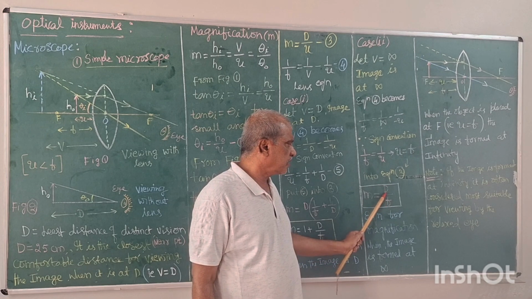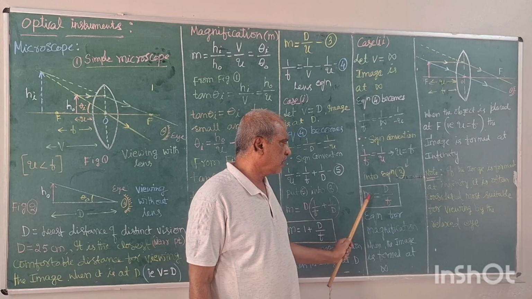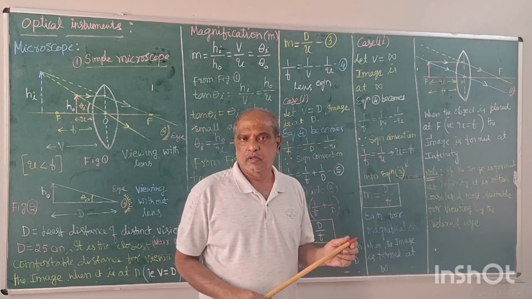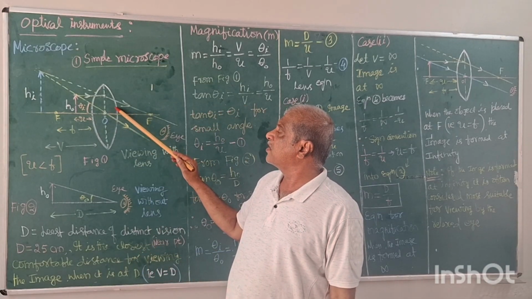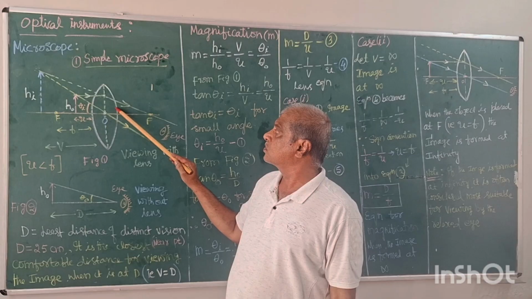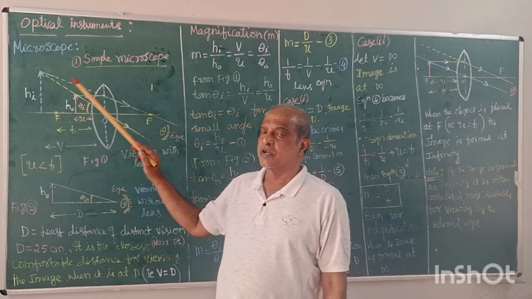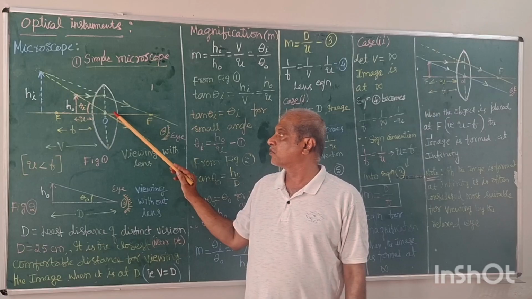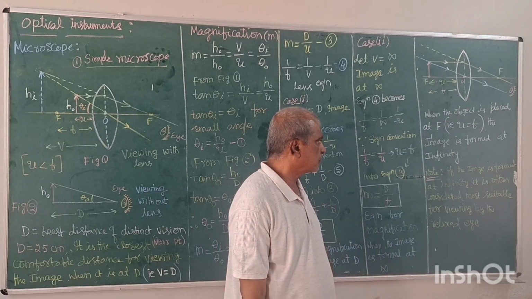Again the constant divided by f. It is also inversely related to that. Lower the value, higher the magnification. So it is understood we can increase the magnification of a simple microscope by decreasing the focal length of the lens. That is what you understood.